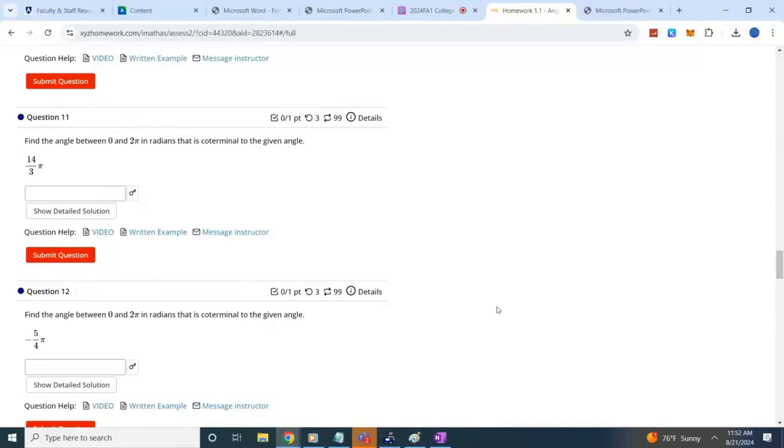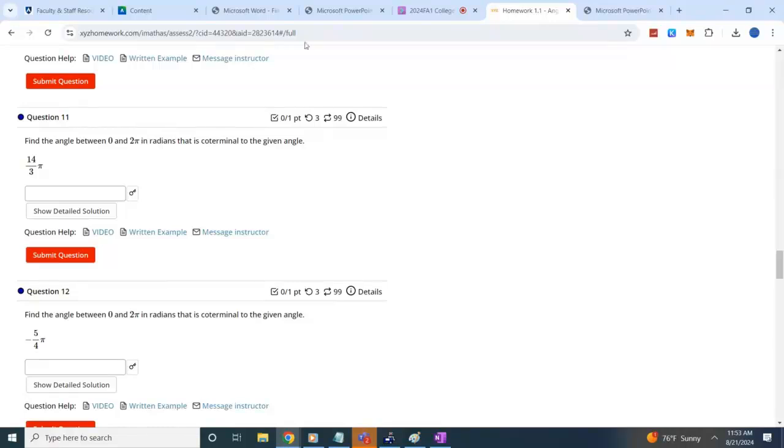So notice they're not using 360 degrees, but 360 degrees is 2 pi. I want to find a coterminal angle for this given angle, right? Negative 14 pi over 3.